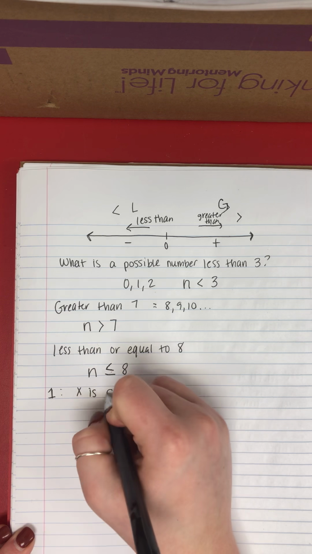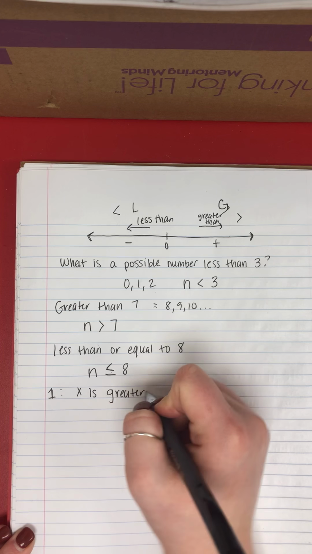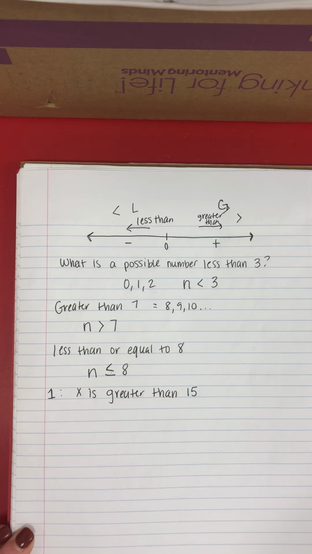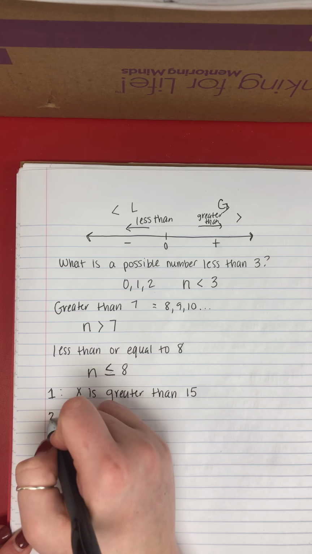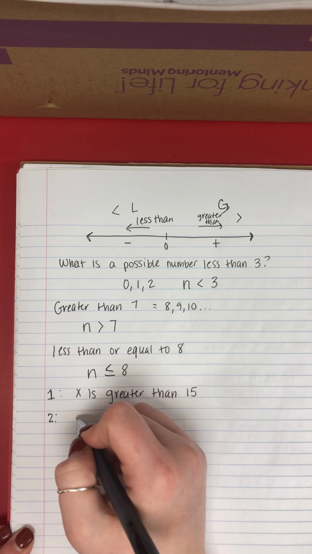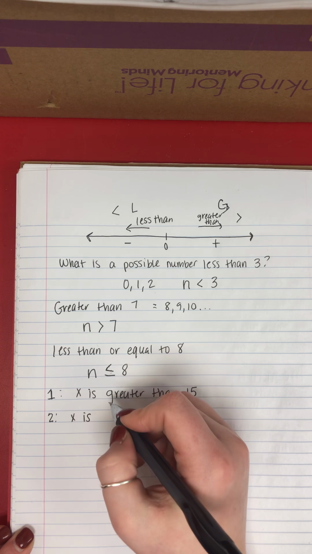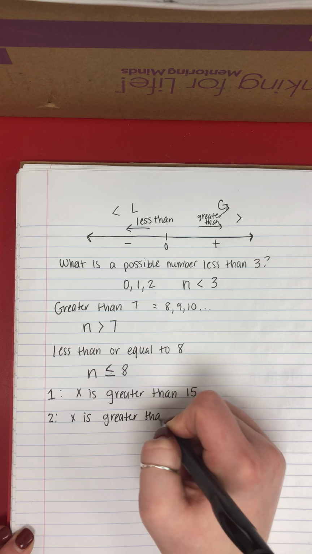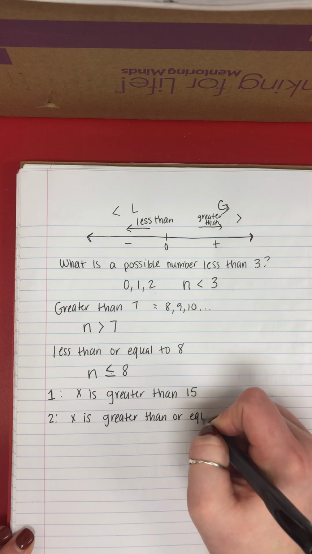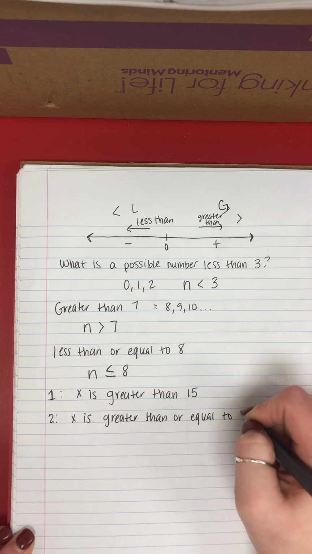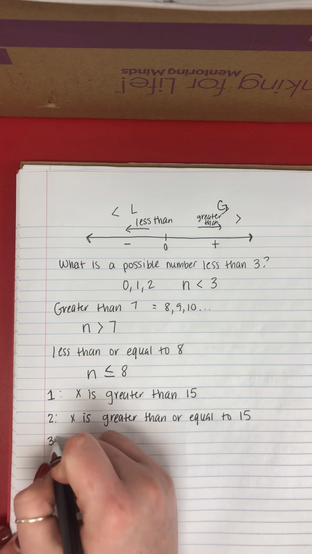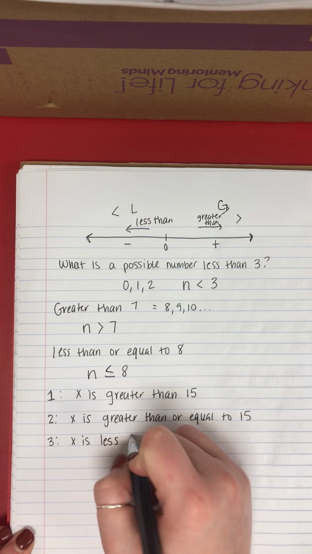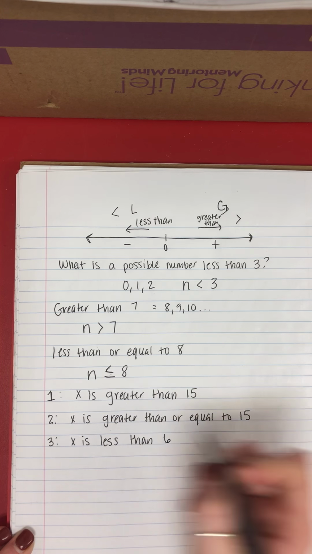Okay? So now, number 1. X is greater than 15. Number 2. X is greater than or equal to 15. Number 3. X is less than 6.